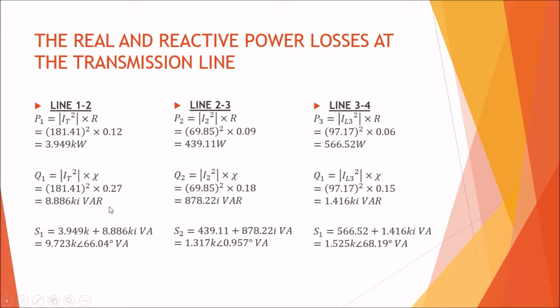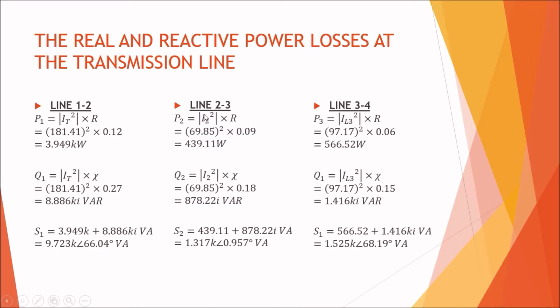Then after we get these two values, we insert them inside the apparent power, which is 3.949 kilo plus 8.886 kilo imaginary VA, and it's equal to 9.723 kilo, angle 66.04.